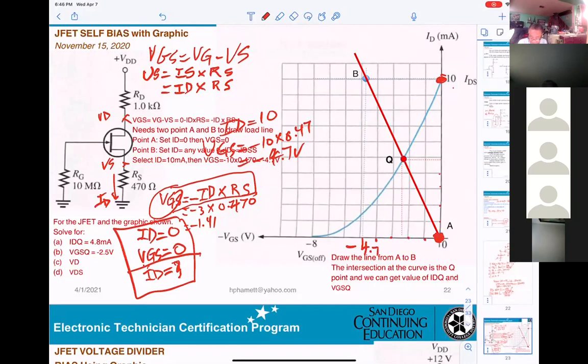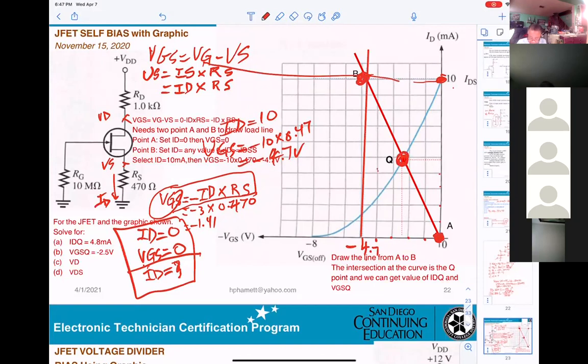The first thing you select, ID equal 10, you draw the line at 10 right here, right? The second thing you get is -4.7, you draw here. That's the second one, and they hit a point in here. So basically you draw the line from point B to point A, and they cut the curve at this point. That's what we call the Q point.